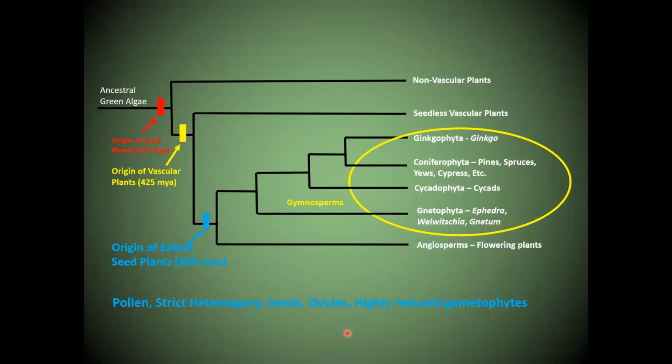All right, so we do know that these are the gymnosperms. Again, gymnosperms are not a single lineage. It starts over here, but we are going to cover several separate lineages of gymnosperms. The interesting fact is that all four of those lineages share one recent common ancestor over here.